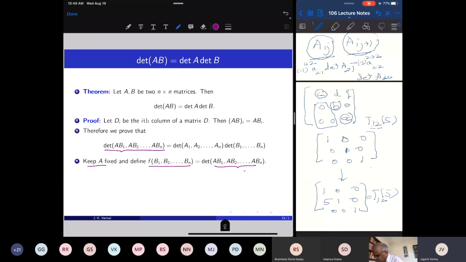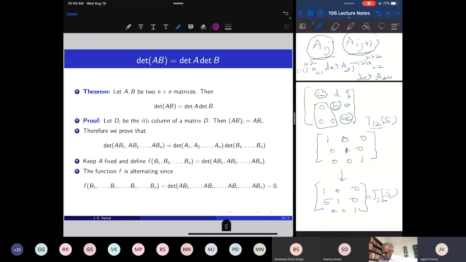What is this? This is just AB. So I'm keeping A fixed, and I'm defining a function on the space of n by n matrices. F of B is equal to the determinant of A times B. I will show that F is multilinear alternating.